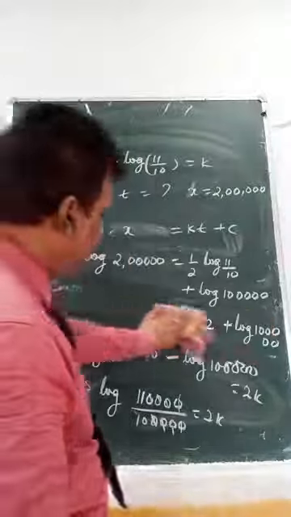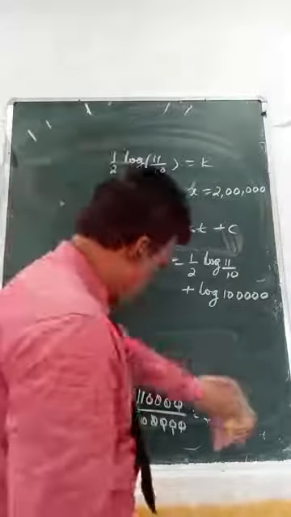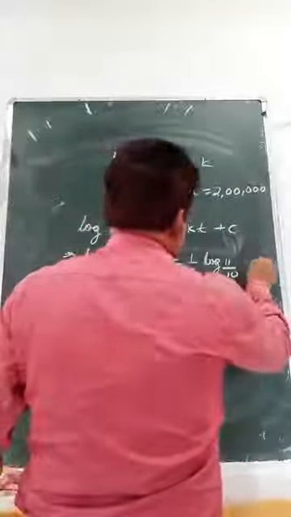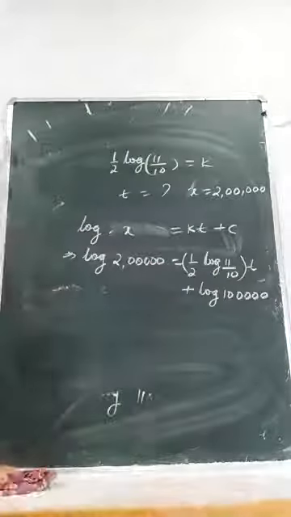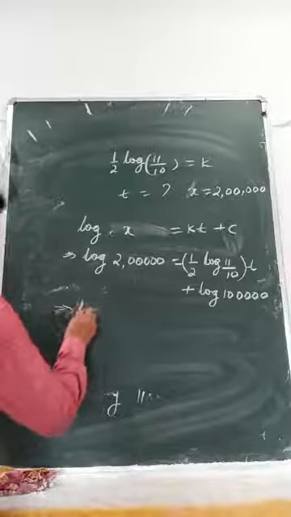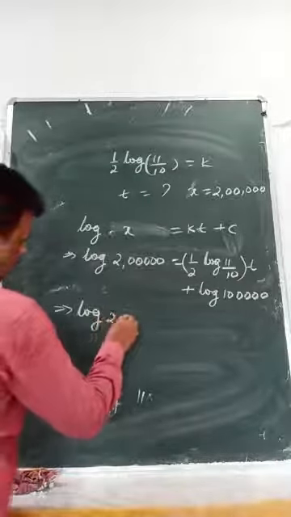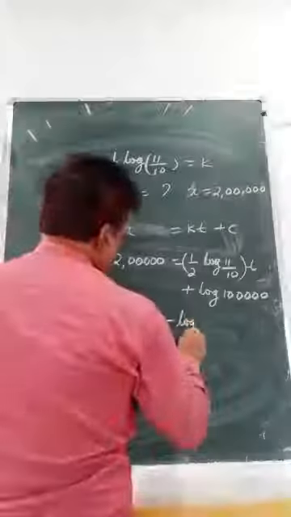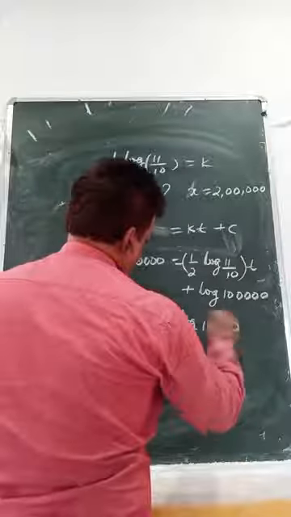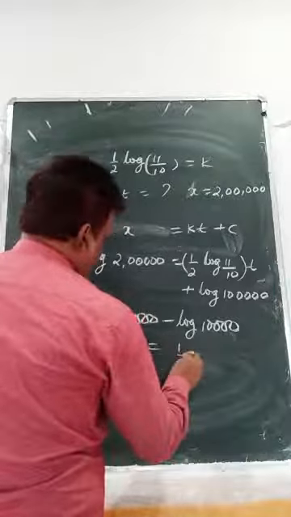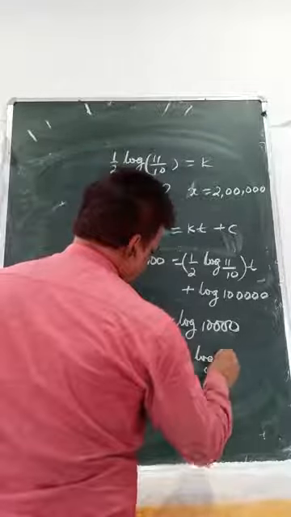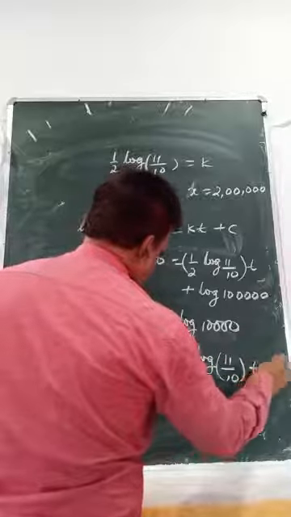Then bring this log to this side: log 2 lakhs minus log 1 lakh equals half log 11 by 10 into t.